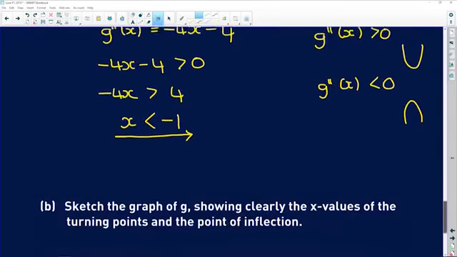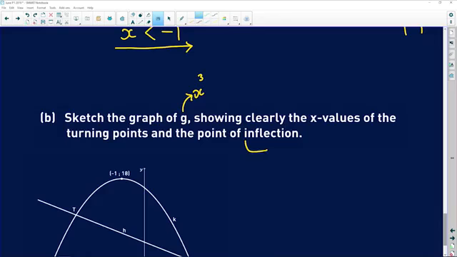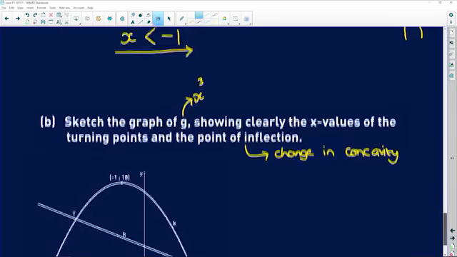Okay. So here we go. It says sketch the graph of g, the original function, remember, in terms of x cubed, showing clearly the x values of the turning points and the point of inflection. Okay, so what is the point of inflection? It is the change in concavity. Okay, so it's where it changes from being concave down to concave up or vice versa.